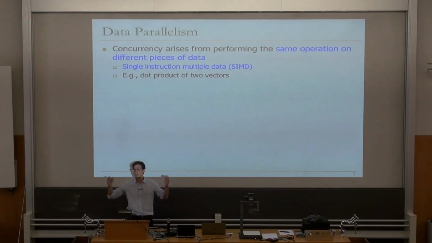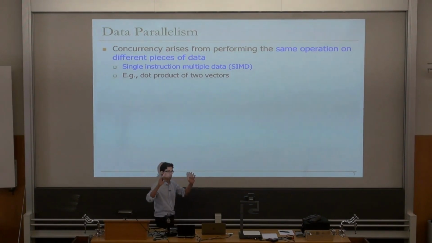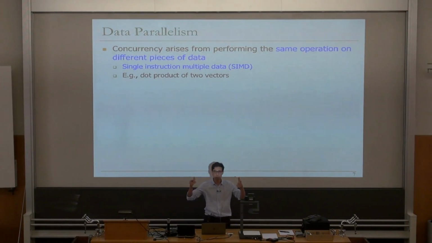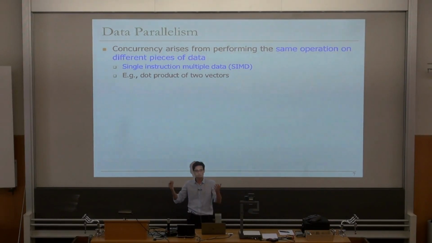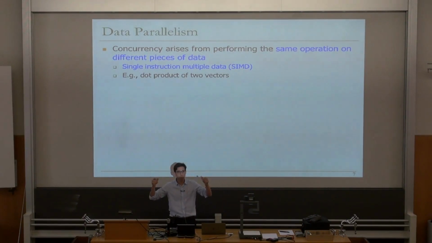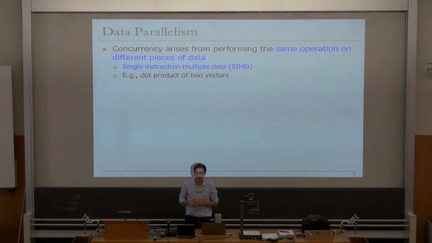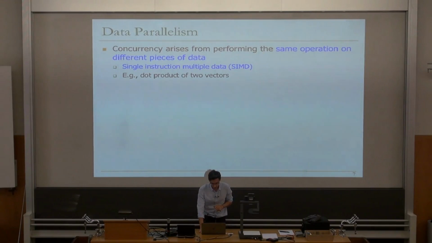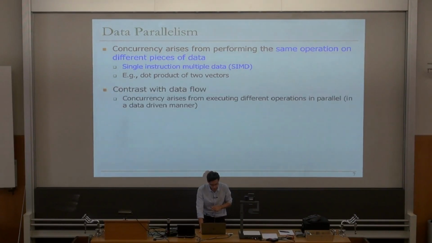You have maybe 1 million elements in your array, and you just want to increment all these elements. So we're going to execute the same operation on all the data elements of the vector. Or think about vector addition. Two arrays, each of them 1 million elements, and we need to add element by element. So these are the ideal cases for SIMD processors.